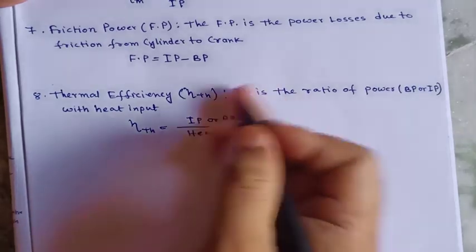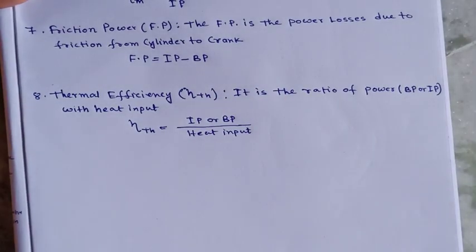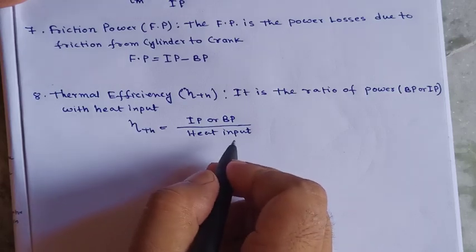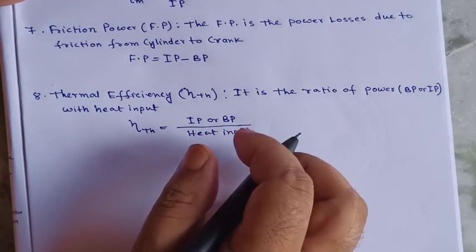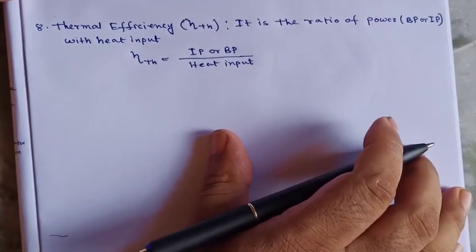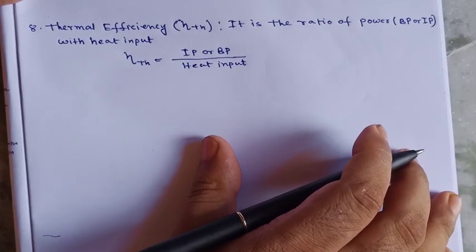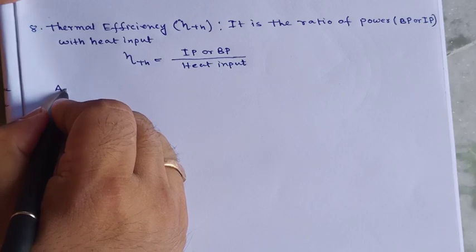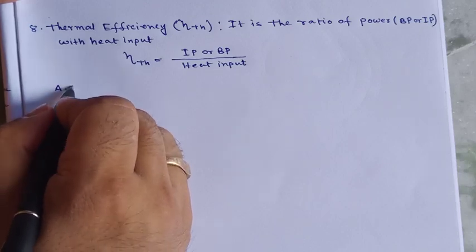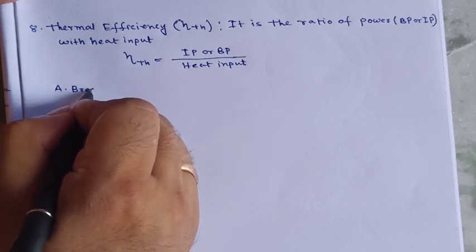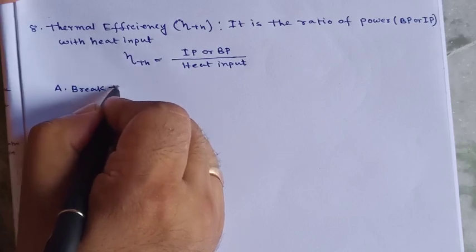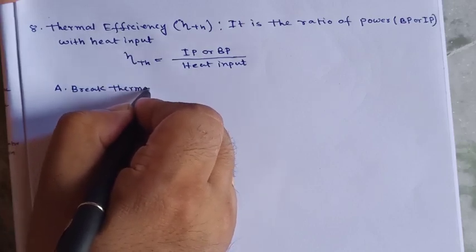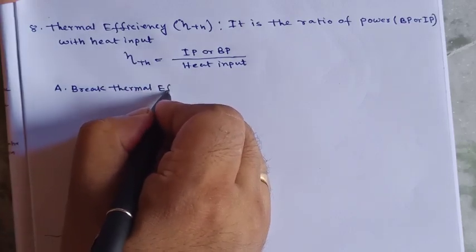This heat is produced due to the combustion of the fuel in the cylinder. Now you can write, that is brake thermal efficiency.